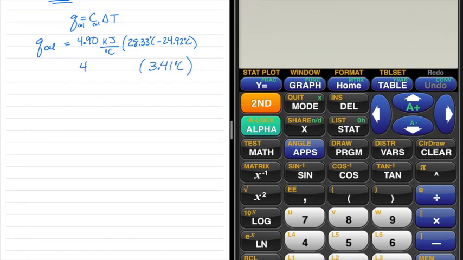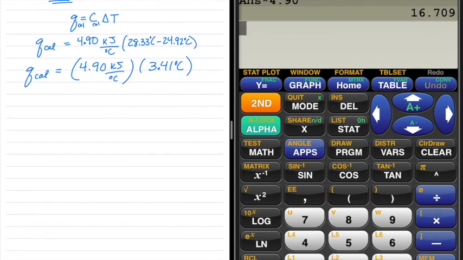And we're going to multiply that by 4.90. All right, so multiplying that by 4.90. And it looks like the Q for our calorimeter, the amount of heat absorbed by the calorimeter, I'm going to go ahead and keep all my sig figs for now, 16.709, but in the end, that is a 3 sig fig answer, and that's in kilojoules.